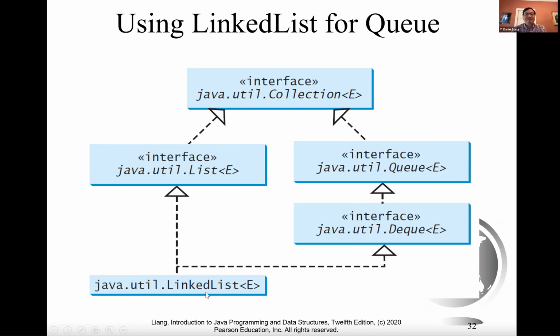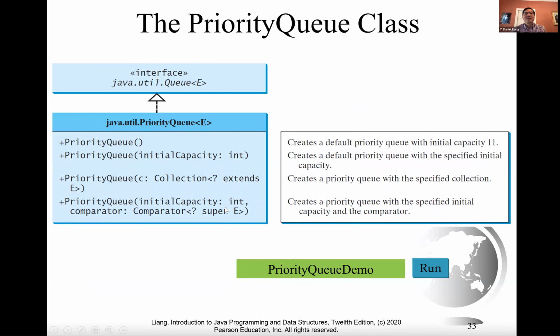The linked list extends from the list and also from the queue. When you create a queue in your program, you can just use the linked list. The priority queue extends the queue interface.